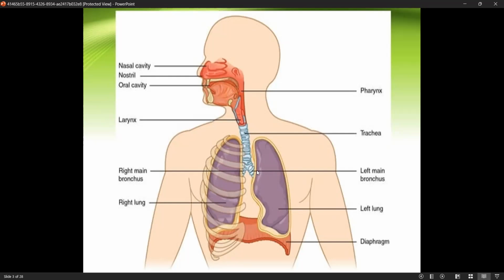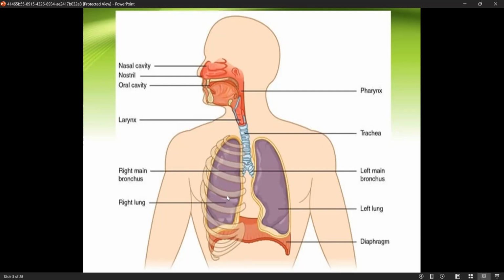Again, there the alveoli are attached, which is the structural and functional unit of the lungs, right? So in that way, our respiratory structure is designed. And here you can see the dome-like structure present, that is the diaphragm, the major muscle of the respiratory system.